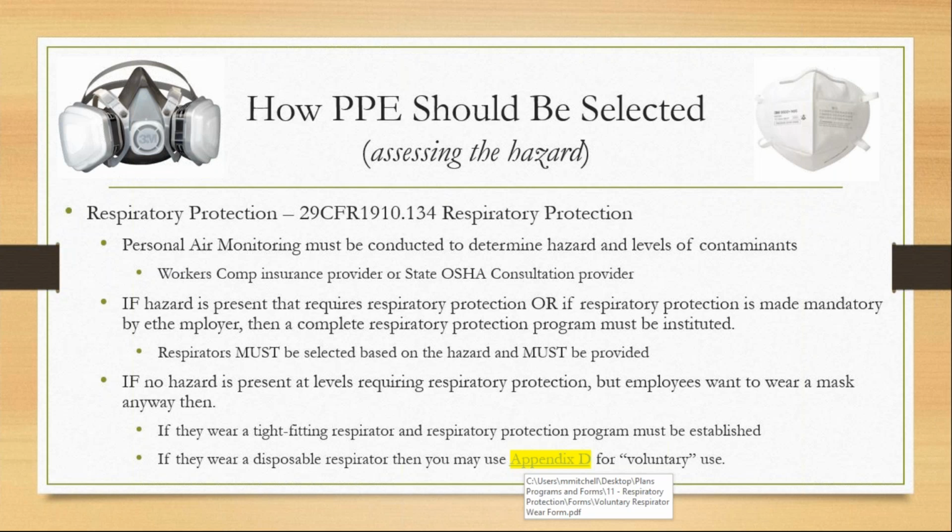Okay, if you do that and allow your employees just to wear whatever they want because that's what they want to wear, or if you just go out and buy a respirator because that one looks like it'll work and you give it to your employees, you can get in an awful lot of trouble with that. Once again, you have to assess the hazard. You have to have an industrial hygienist or someone come into your plant and actually do personal air monitoring to determine what the hazards are in the air.